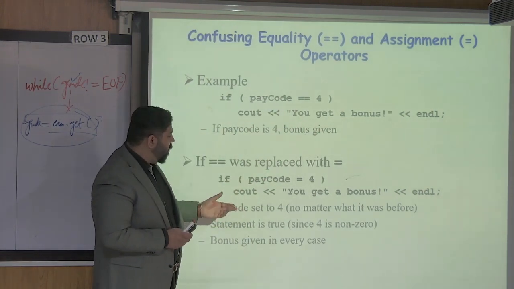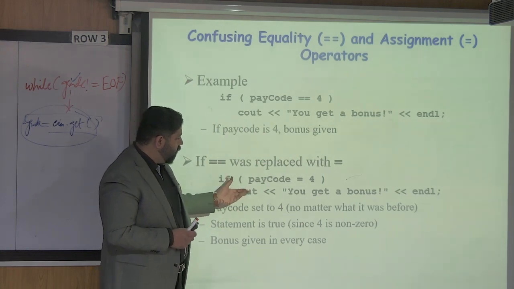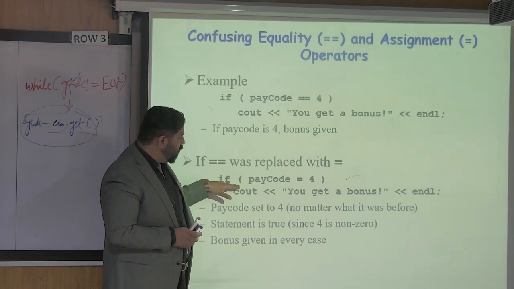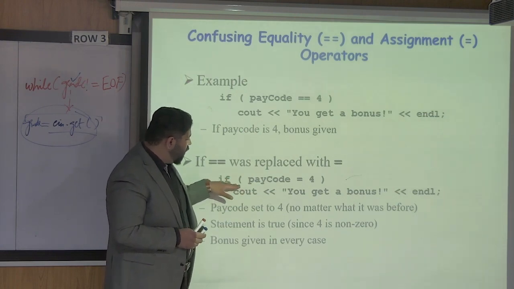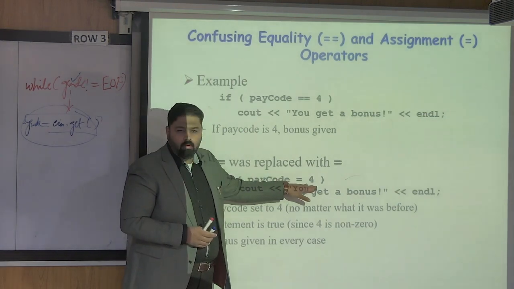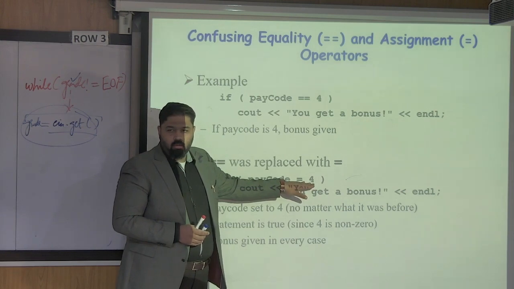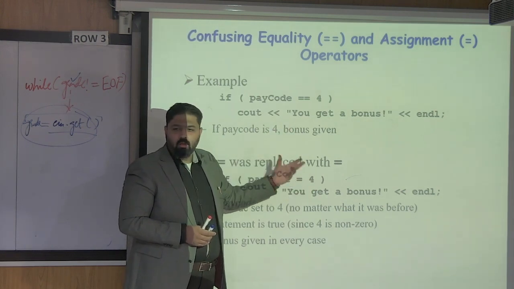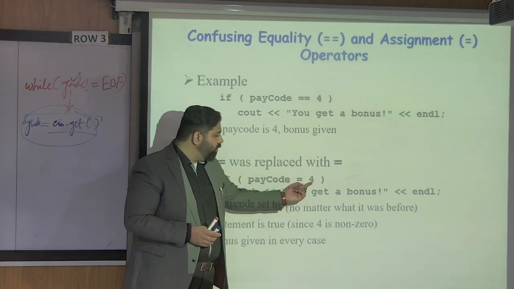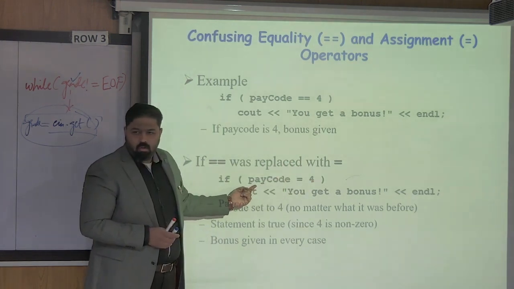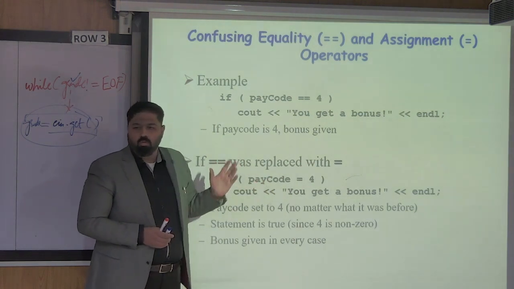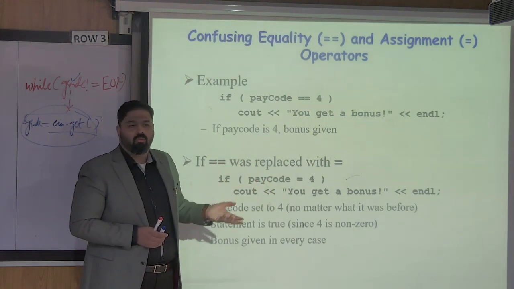Some programmer has done the coding here. You just use almost the same syntax: if pay code equal to 4. But instead of double equal to, he has used assignment. 4 is a non-zero value. Non-zero means this is always true, so your whole company will get a bonus.